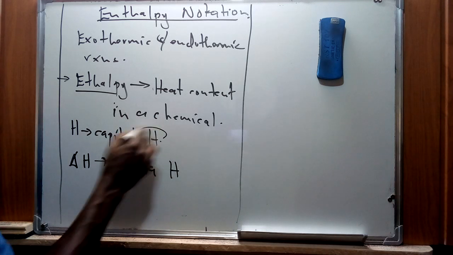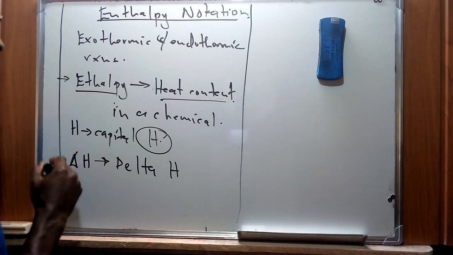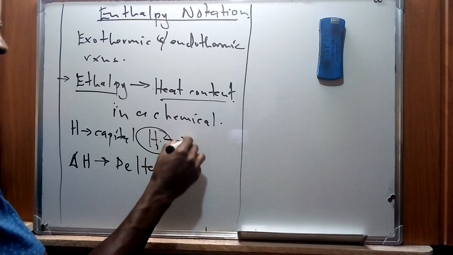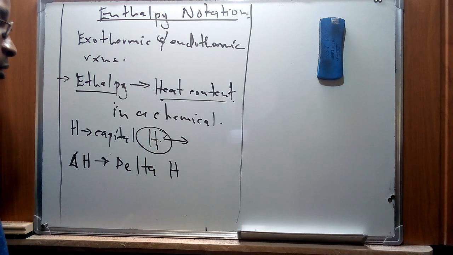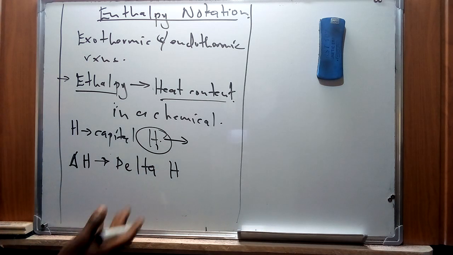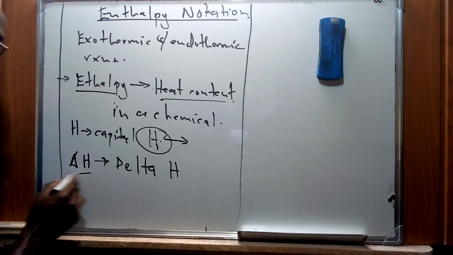So since we cannot measure the heat content of a chemical, it's easier for us to note the temperature change when the chemical is taking part in a reaction, or the change in energy, which is given as delta H.